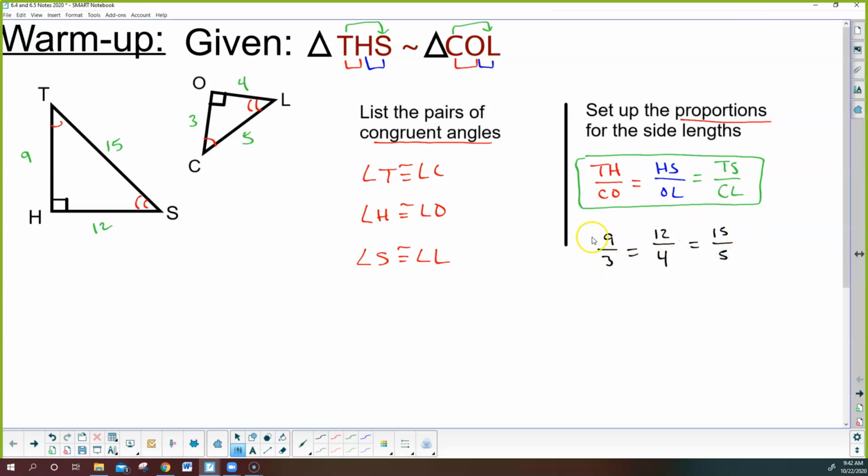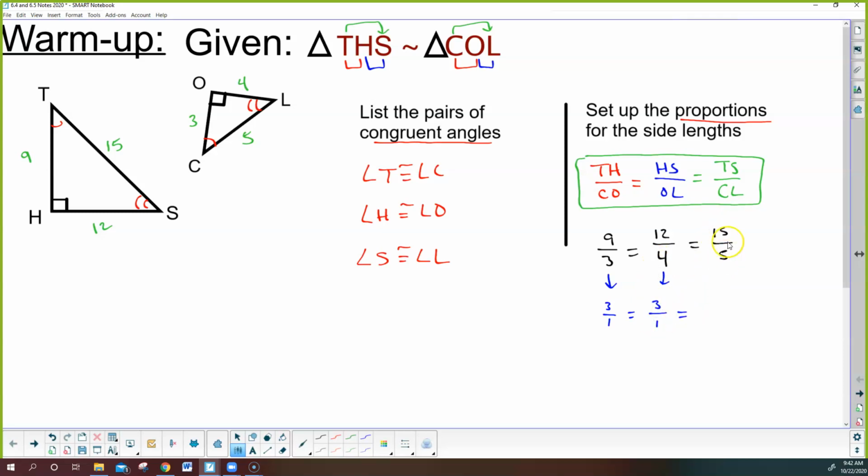Now notice, those aren't identical, right? But they should be equal because this is similar. So I'm crossing my fingers that I made up the correct numbers in the right spot. But let's reduce. If I divide 9 over 3 by 3 top and bottom, I get 3 over 1 here. If I reduce 12 over 4, I divide by 4 top and bottom, I get 3 over 1.